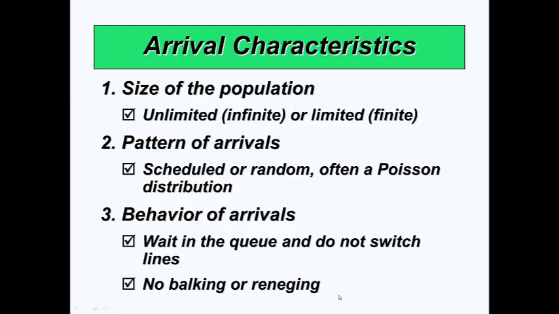Reneging is when you join the waiting line, but after waiting for a little bit, you get discouraged by the waiting time and you give up waiting and leave the waiting line. So just like you renege on a promise, you renege on your commitment to the waiting line. These two are negative behaviors as far as the operations manager is concerned for the waiting line. You don't want any balking or reneging. That is poor customer service, which can result in poor customer goodwill.